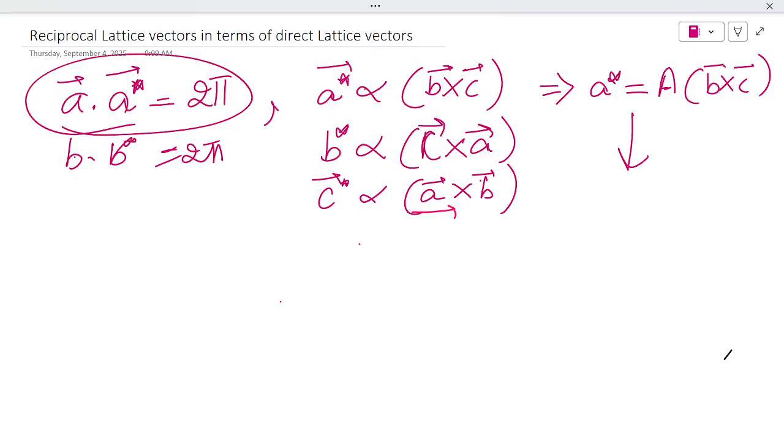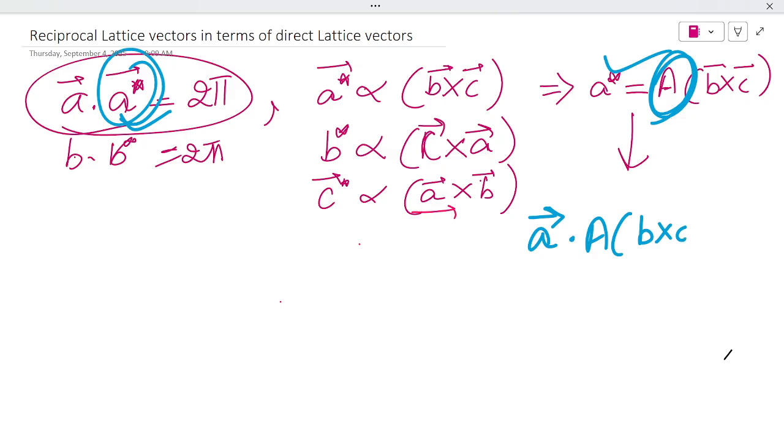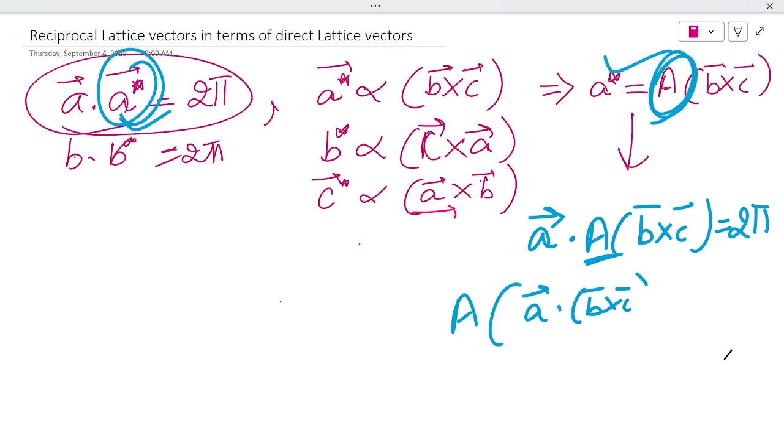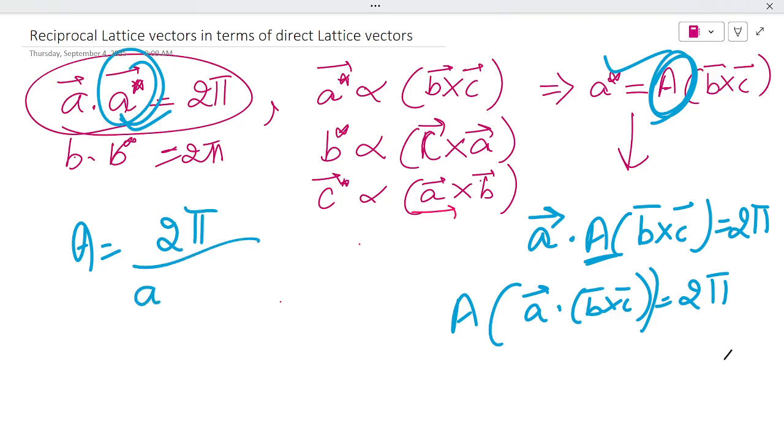So let's put in that, because now we have to calculate the expression for this A. So A dot, at the place of this A star I'm putting this value, which is A B cross C, and this is equals to 2 pi. So this A is a scalar, so we can take it out of the dot product, equals to 2 pi. That means we have gotten the value of A equals to 2 pi divided by A dot B cross C, right?